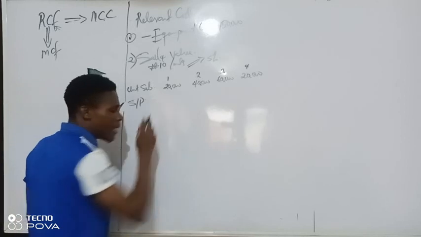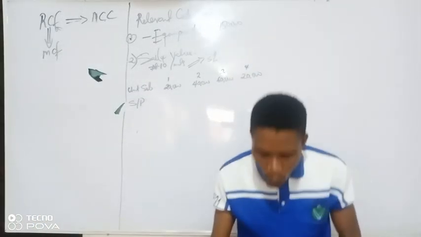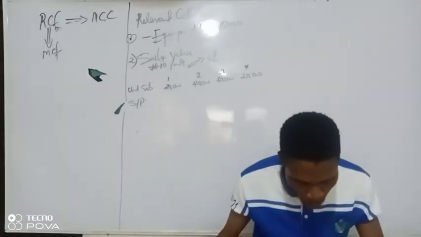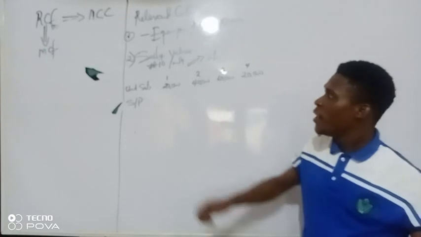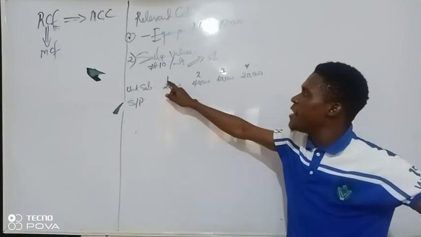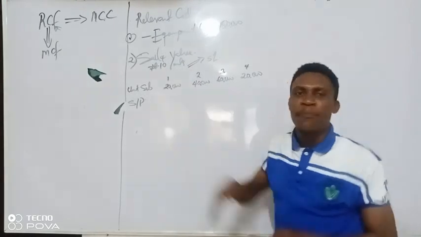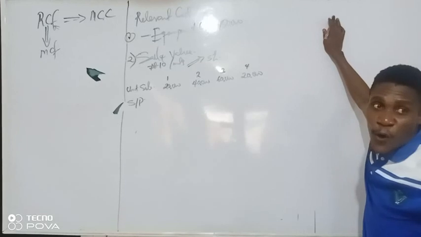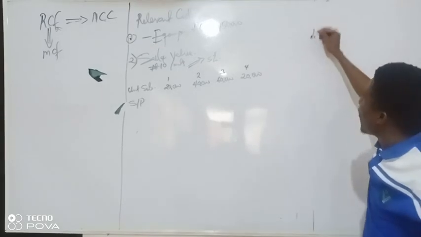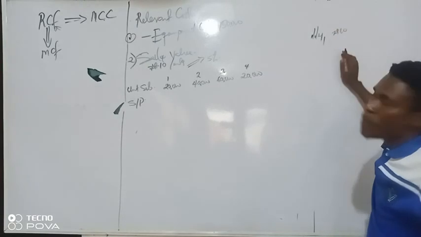Let me ask you something. Sometimes you must know when to start your inflation. Sometimes, if this price is as at the beginning of the year, our price for year one is 10 naira.